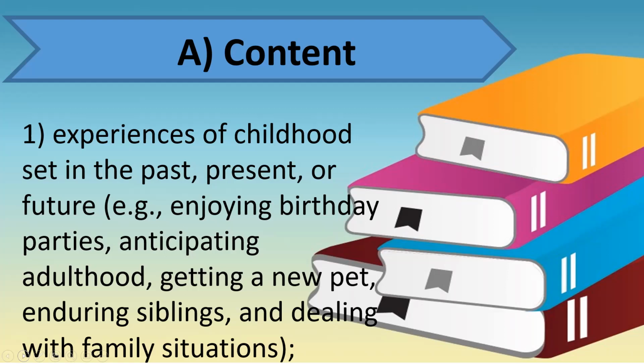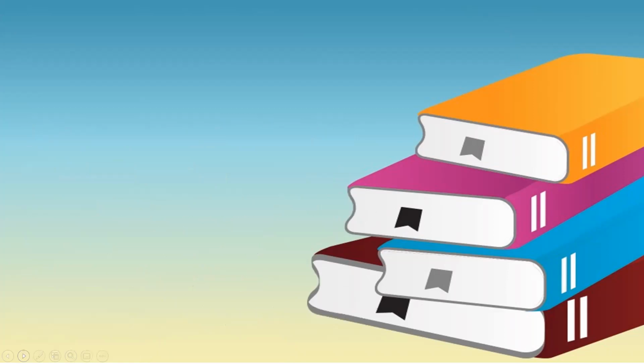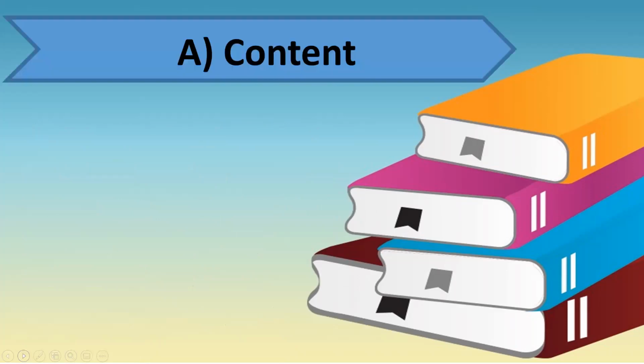So it's something that they will be able to relate with, and also dealing with family situations. So of course, we are talking about their experiences there, regardless of whether it is in the past, the present, or future.